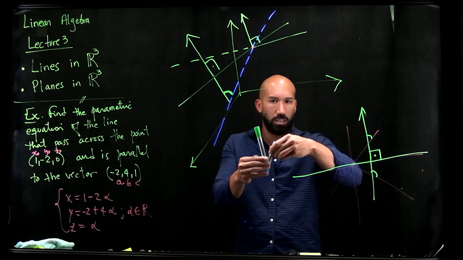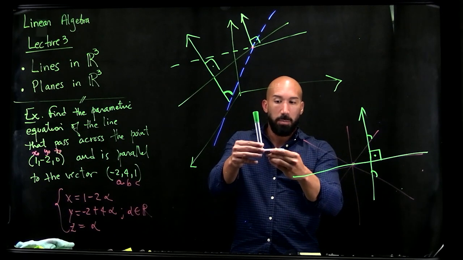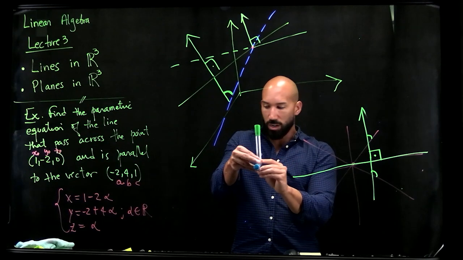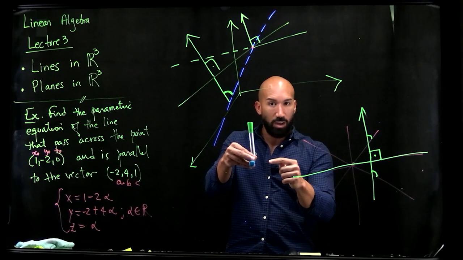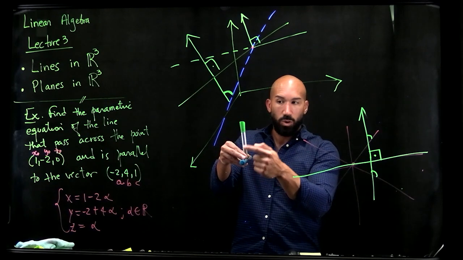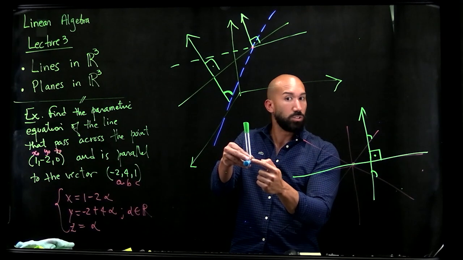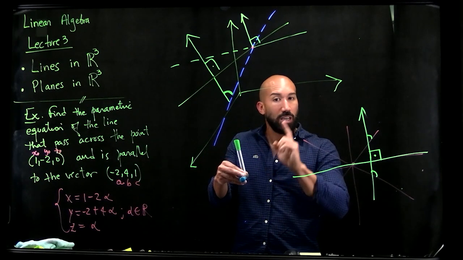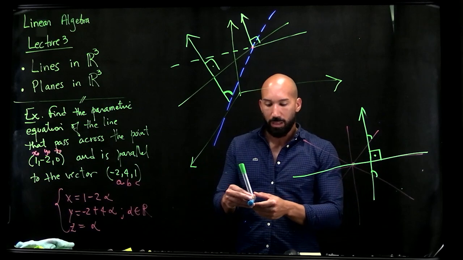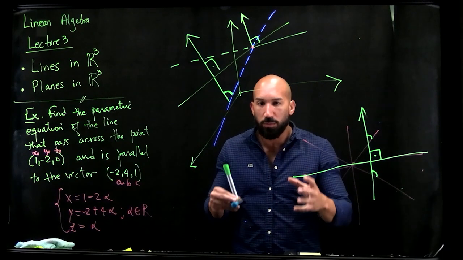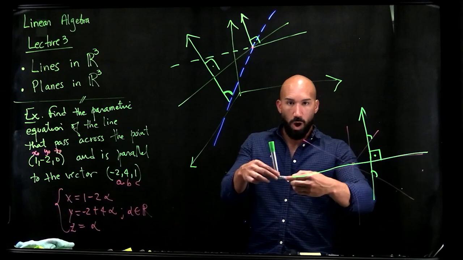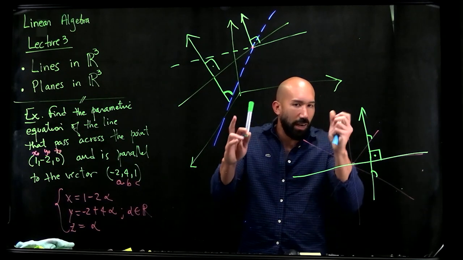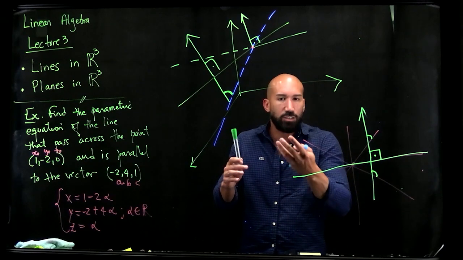This line is not satisfying the conditions that I have anymore. But if I move it this way, this other line is still forming an angle of 90 degrees with the given vector and it's passing across my point. So only one orthogonal vector and one point in R3 do not suffice to determine a single line in R3. Why? Because I have a direction that I can use to modify my line a little bit, to get a different line satisfying the two conditions that I have.